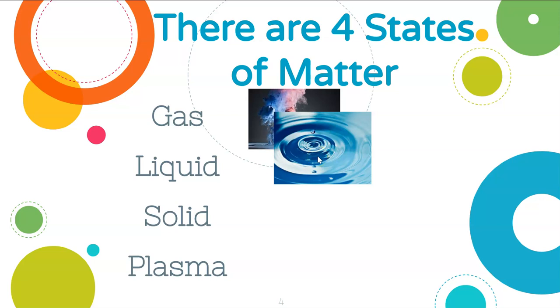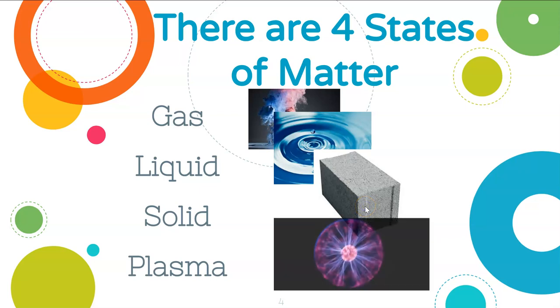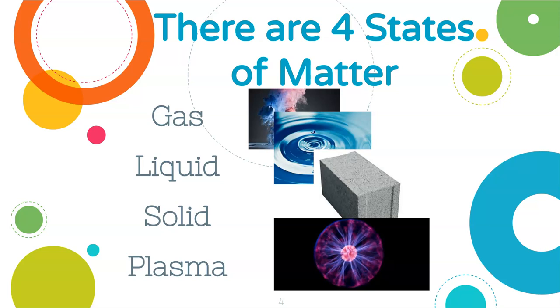It's kind of free-flowing, it's easy to bend or to split. We have a solid, and solids are very rigid and can take a lot to break them. And the last one is plasma. And plasma has things to do with particles and electricity, and we'll look at that a little bit closer.